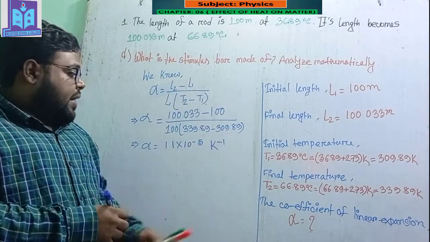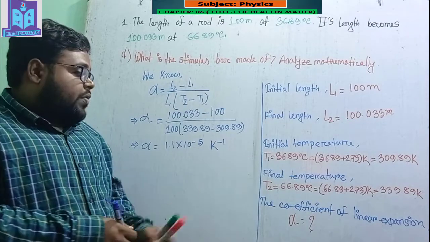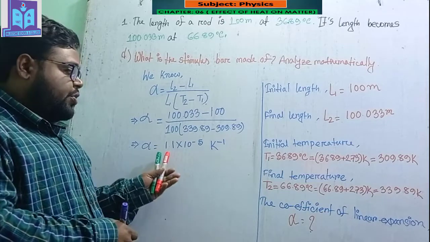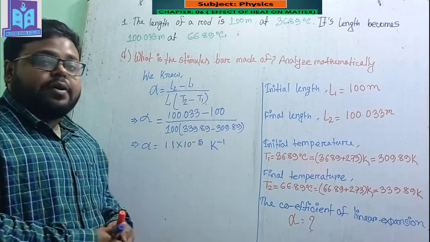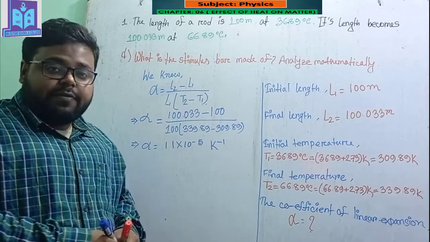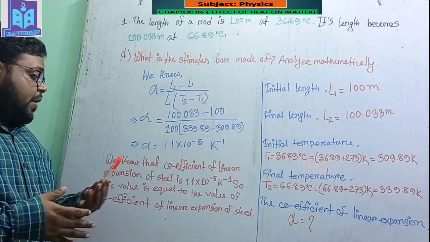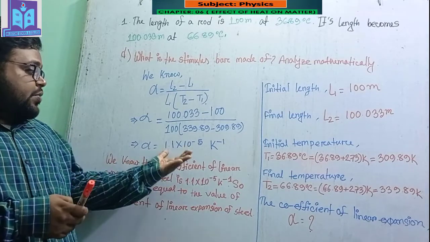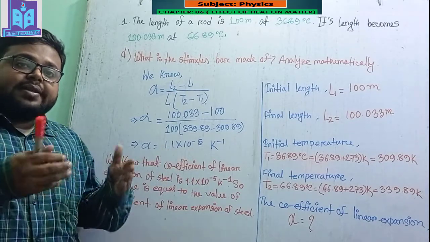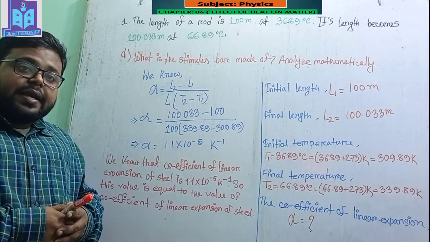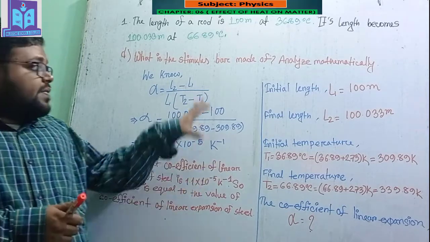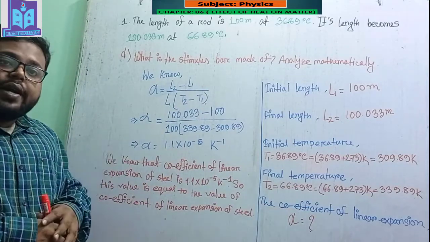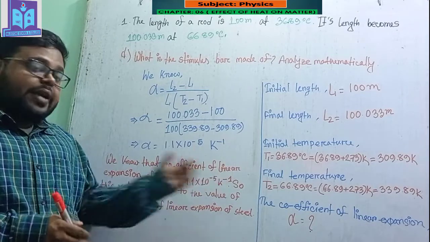Here you can see that we got the value of the coefficient of linear expansion alpha equals 1.1 into 10 to the power minus 5 per Kelvin. We know that the coefficient of linear expansion of steel is 1.1 into 10 to the power minus 5 per Kelvin, and the coefficient of linear expansion of this bar is also 1.1 into 10 to the power minus 5 per Kelvin.